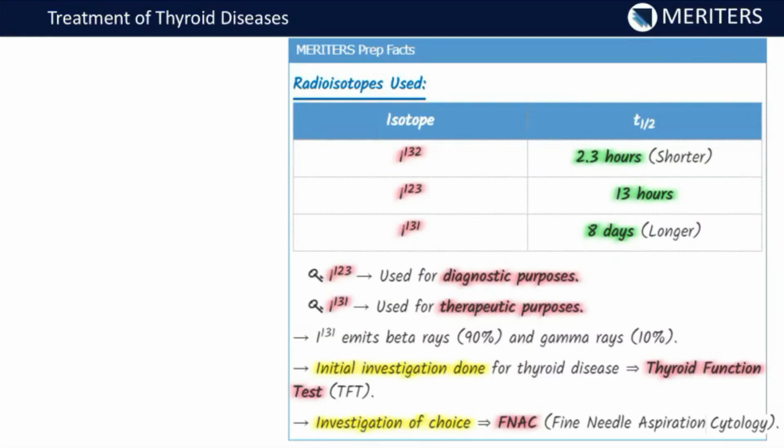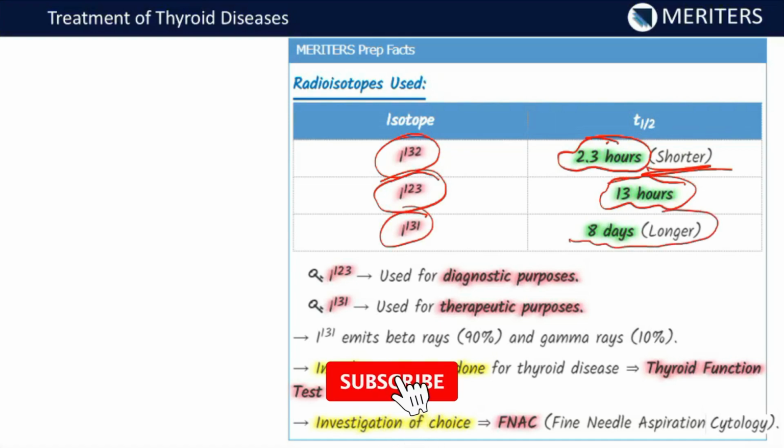Now the isotope I132 has a half-life of 2.3 hours, which means it has a very short half-life. I123 has 13 hours of half-life, and I131 has 8 days, which is longer.